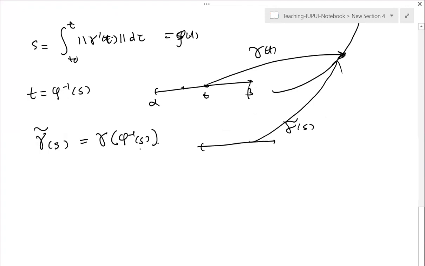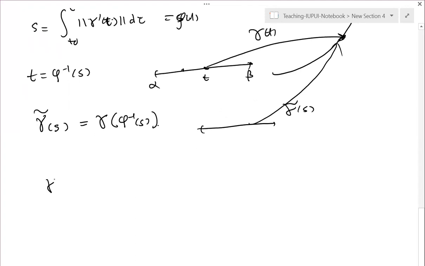So what I'm going to do is assume I already found it. I differentiate, and I'm going to use this dot notation.